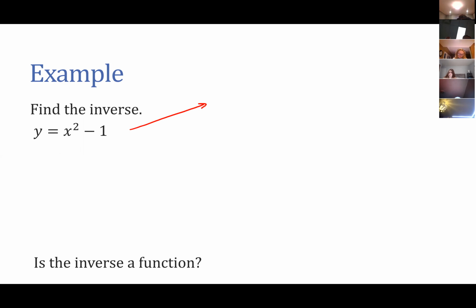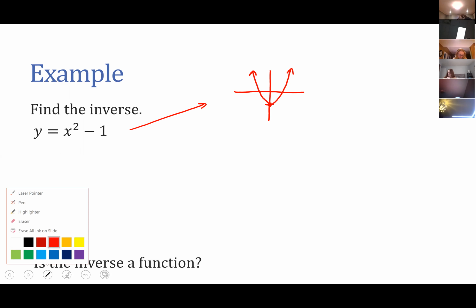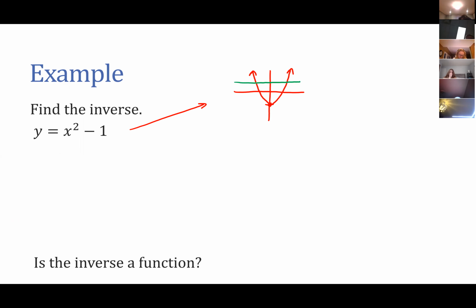All right, if I take that and I just do a quick sketch, down 1 is the vertex, parabola opens up, something like that. If we do the horizontal line test on that, it hits in more than one spot.